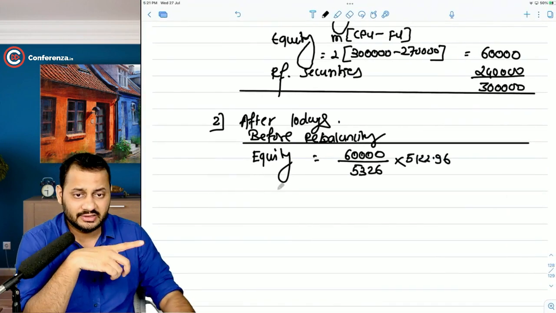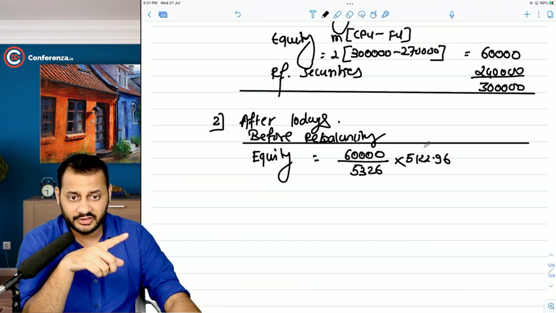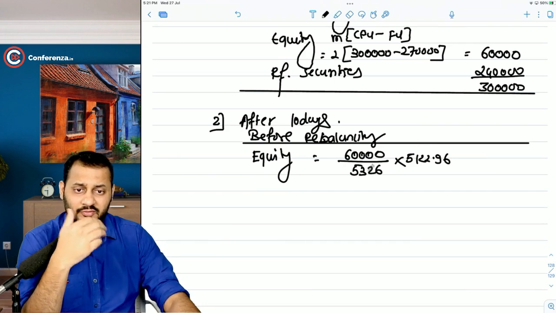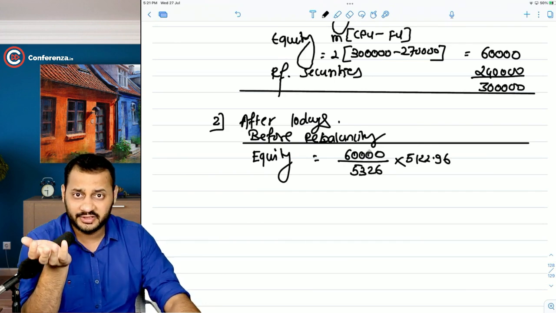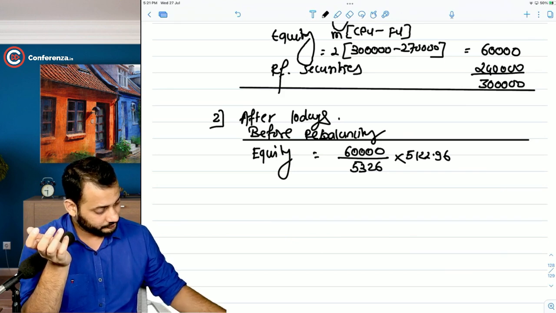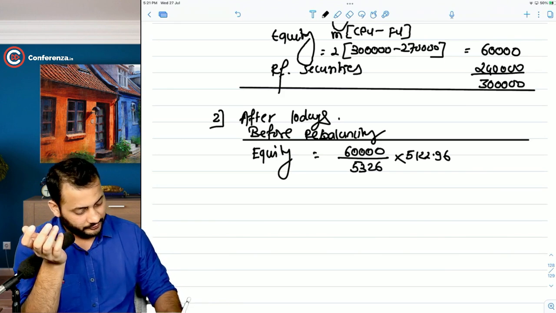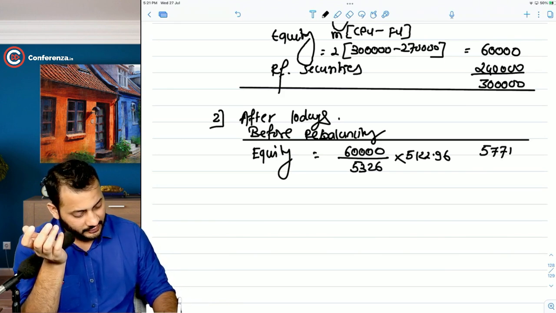So when you do this calculation, you will automatically get to know that the percentage fall in the market is equal to the percentage fall in the equity, and your equity value will come to 57,713.